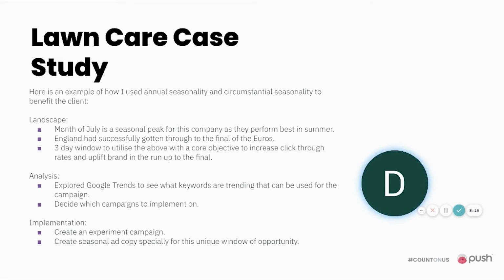And specifically at this month of this year, we had the Euros, the football Euros going on, and England had actually successfully gone through to the finals. Now, what that gave me was a 3-day window gap to really think about, okay, we're in our annual seasonal peak, but there's also something that collates the whole of England.